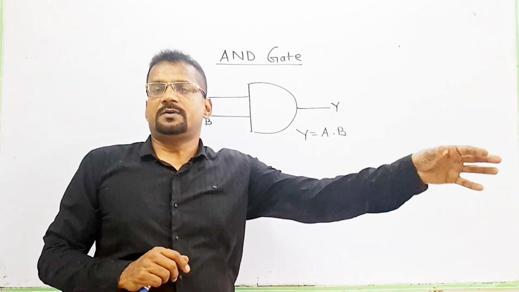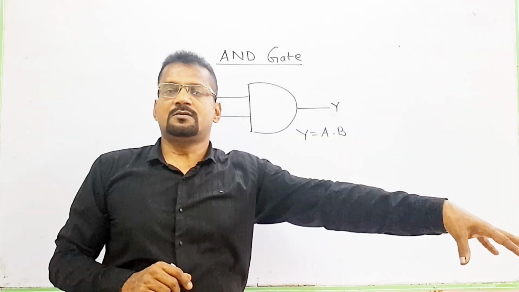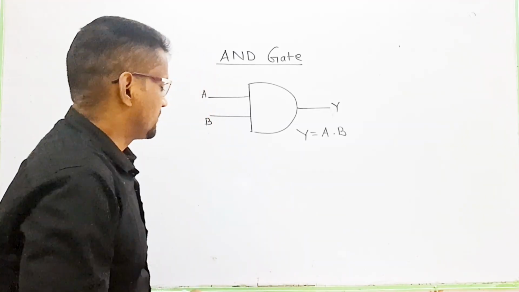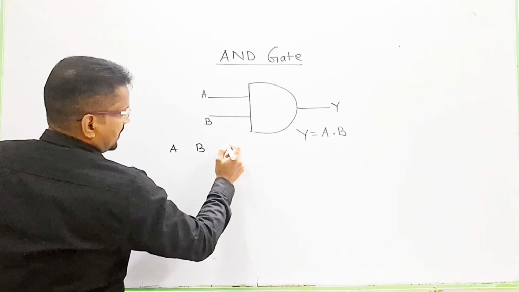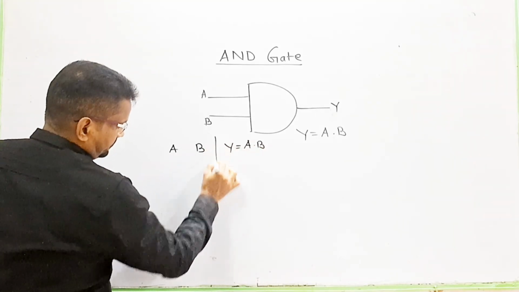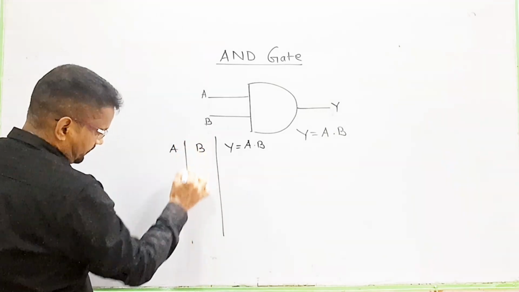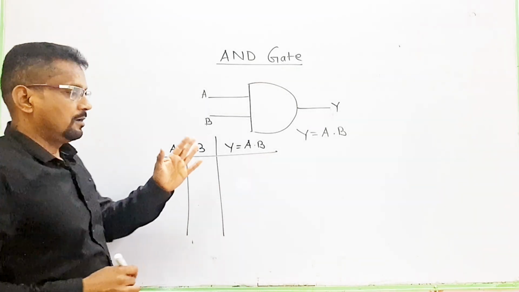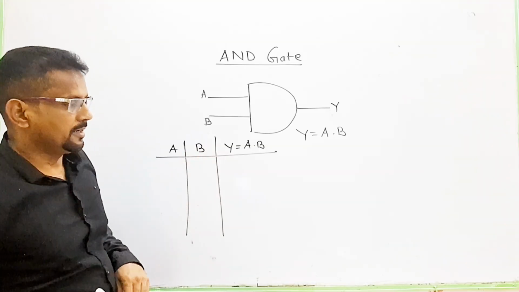In electronic devices, 1 means high and 0 means low, or you can say 1 means the switch is on and 0 means the switch is off. So here is A, here is B, and Y means A AND B. Now one question may come to your mind: how many rows will there be?